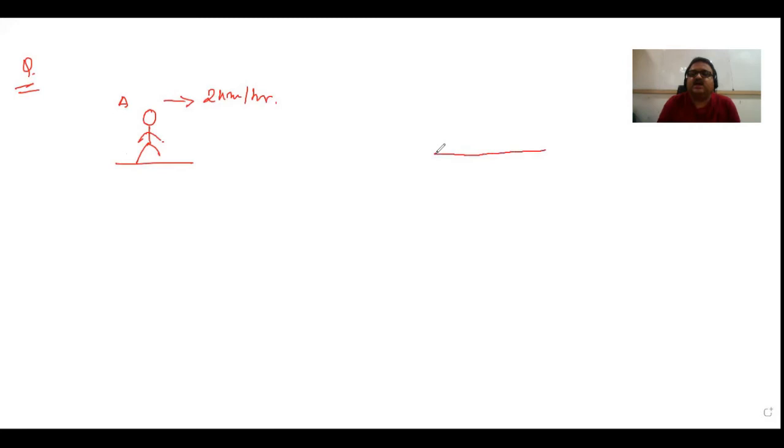And another man, when the distance between them is, say, 100 meter. Okay, don't write it 100 meter, let's make it 1 kilometer. Clear? This person starts moving with a constant acceleration of 0.5 meter per second square.